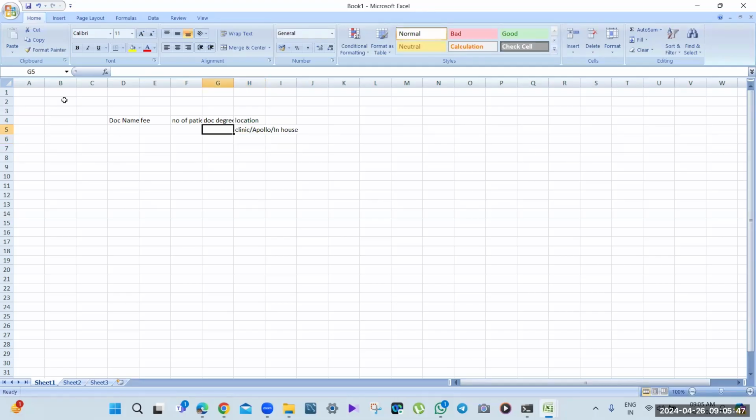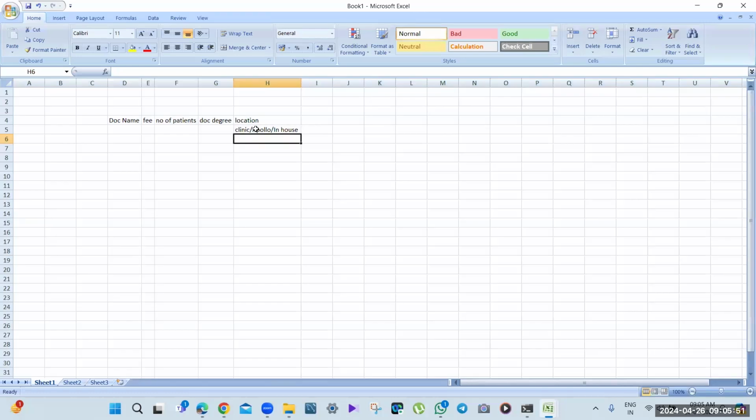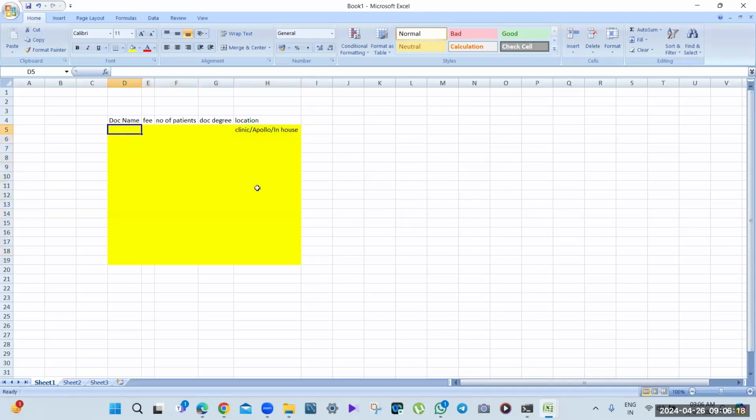If we have these kinds of data sets, and if I ask you what type of machine learning we can do on this, can you put some thoughts? Let's say we have 500 rows of data. Doctor name will certainly be a string.